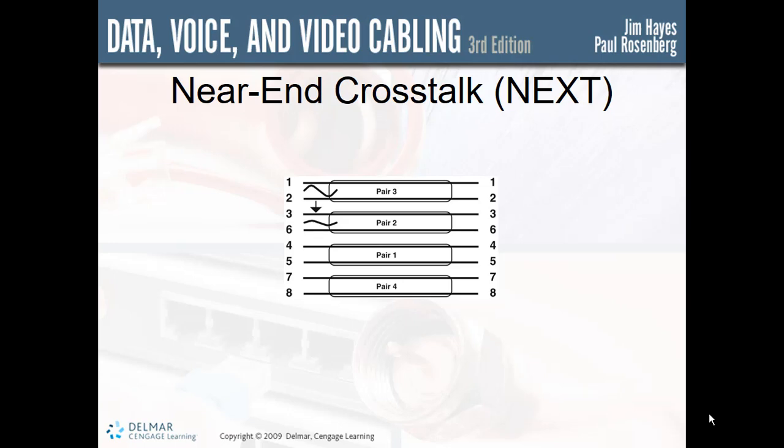And note that each pair must be tested against all other pairs for a total of 6 tests, and the test must be repeated at both ends of the cable for it to be valid. The most common failure for NEXT, or near-end crosstalk, is improper termination. If the twists are not maintained within a half an inch of the termination, the near-end crosstalk will fail.